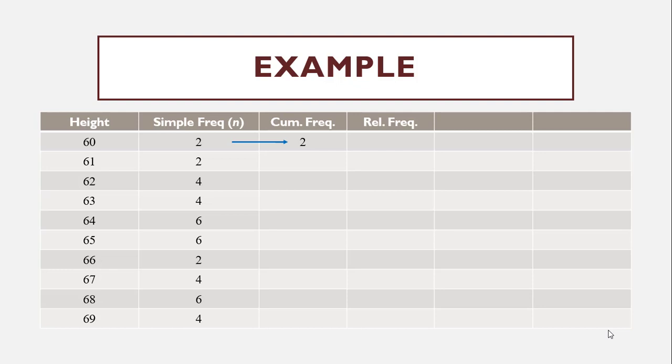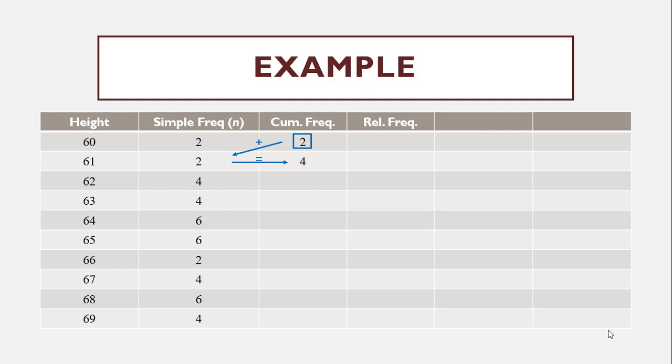Now, when we get to the next box, we have to take the original 2 people that are shorter than 5'1", add the number of people who are 5'1", and that sum, that total, is going to give us the cumulative number of individuals who are 5'1" or shorter, which in this case is 4. And then we would do it for the next one.